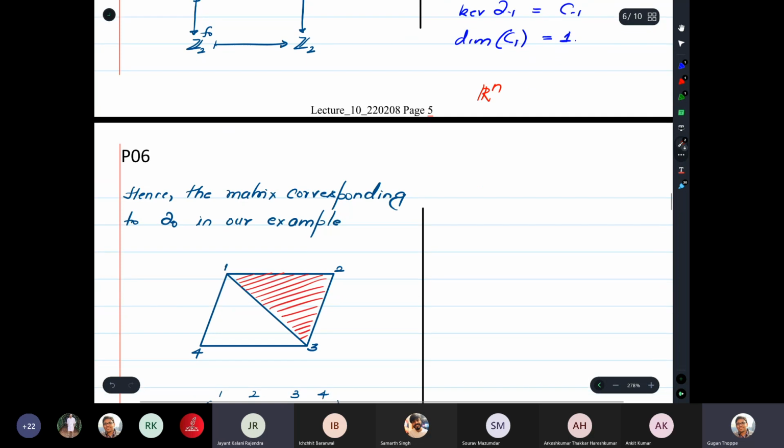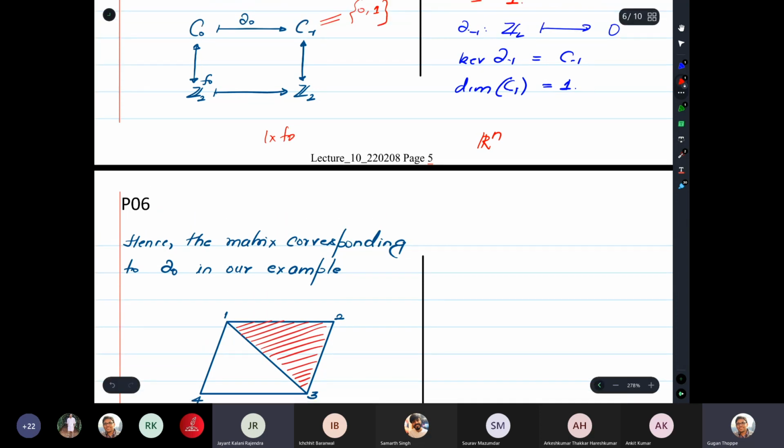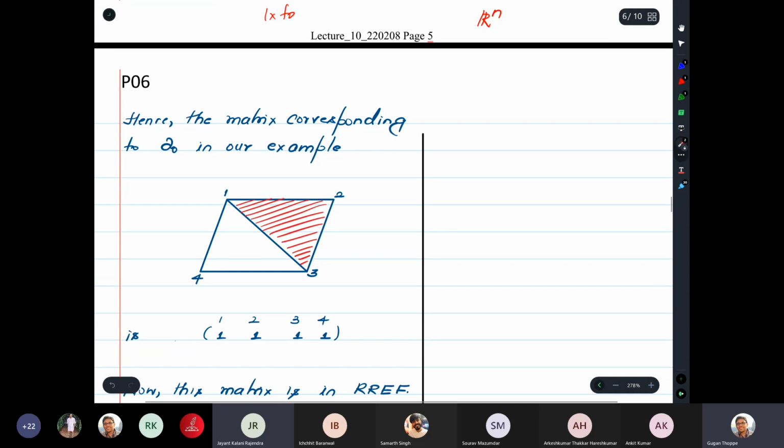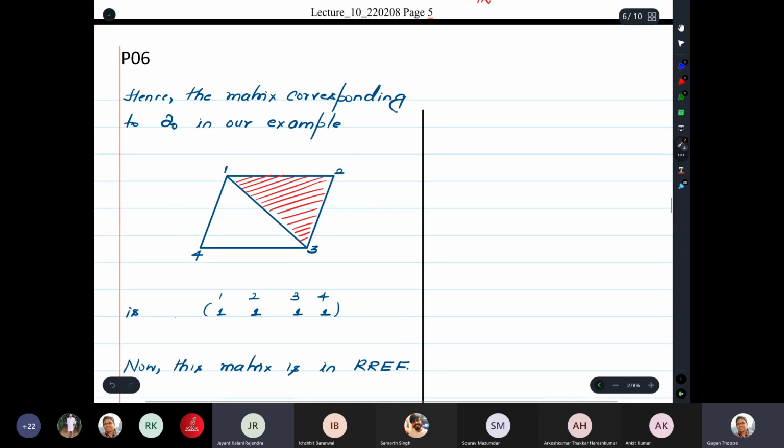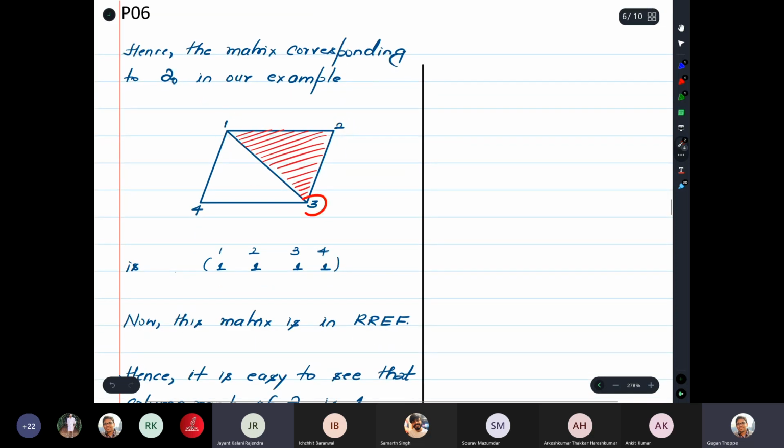So this is the dimension of the matrix representation of the ∂_0 operator. Let's look at our example. In our example, you have these four vertices, so the matrix corresponding to the ∂_0 operator will be a 1 cross 4 matrix.